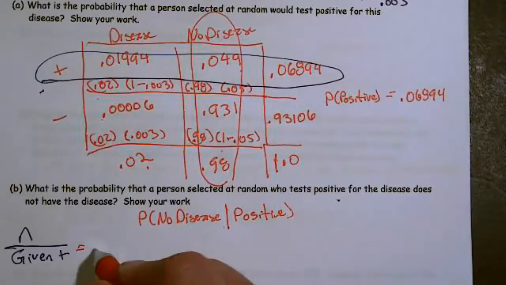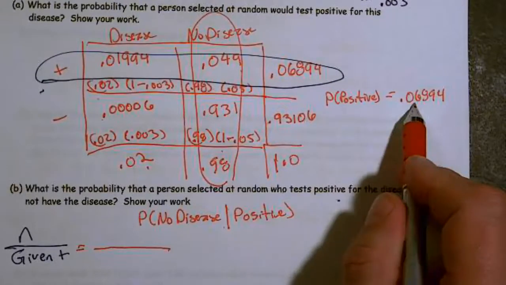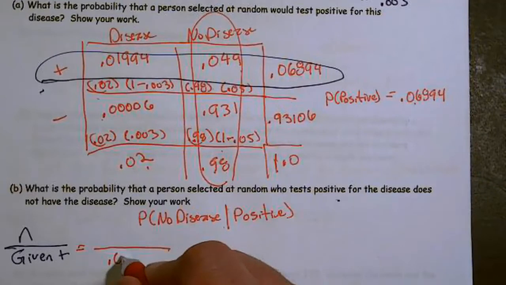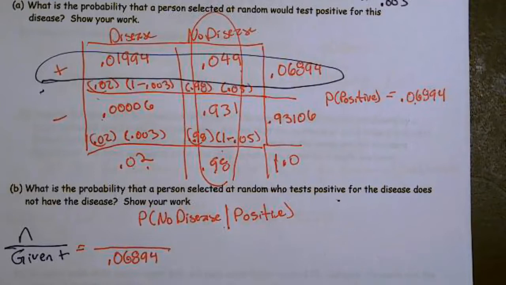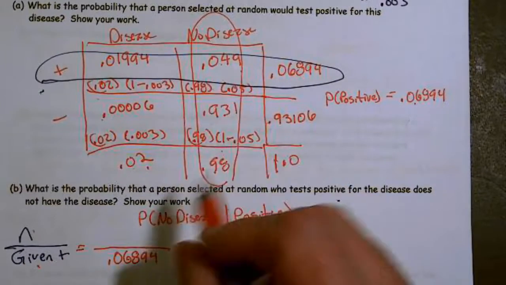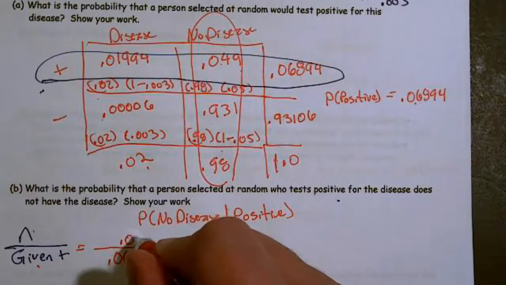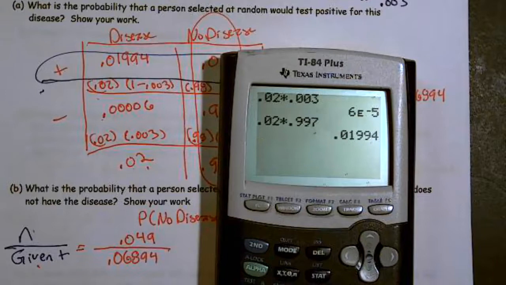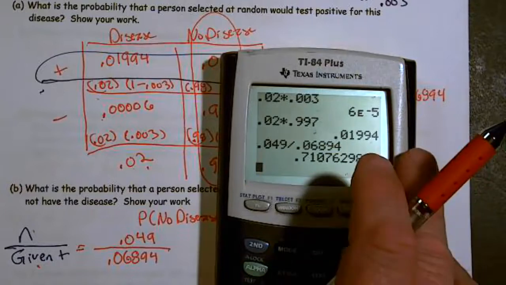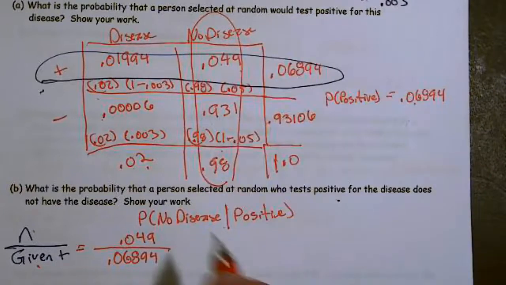Well, the probability of positive is 0.06894. And because it's always intersection over given, I see that's 0.049. So 0.049 is my numerator. So 0.049 divided by 0.06894 equals, and we end up getting 0.7017.